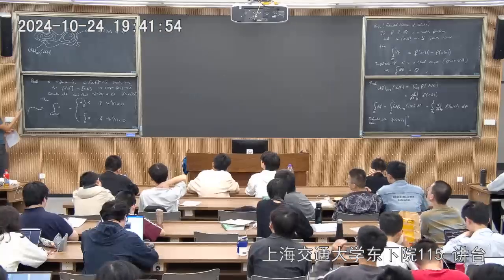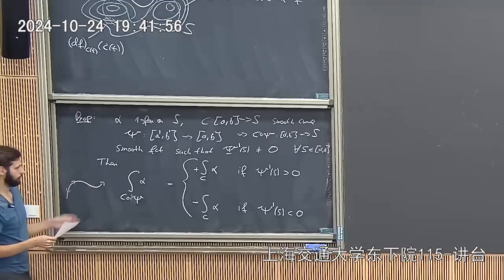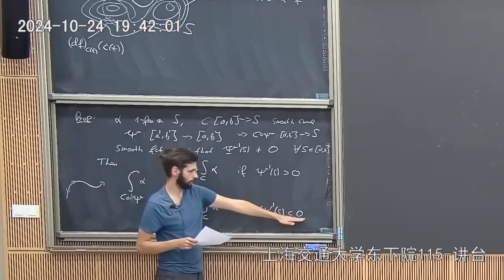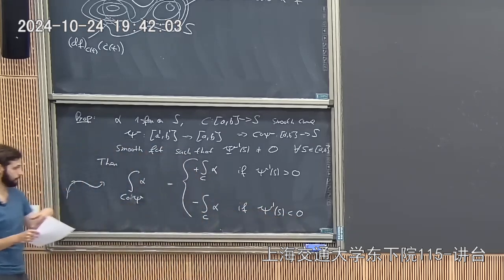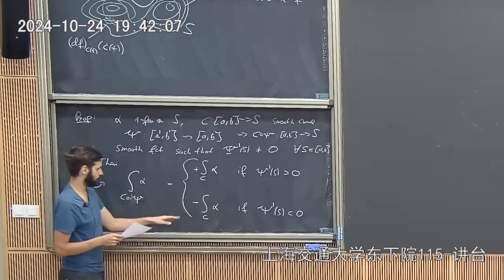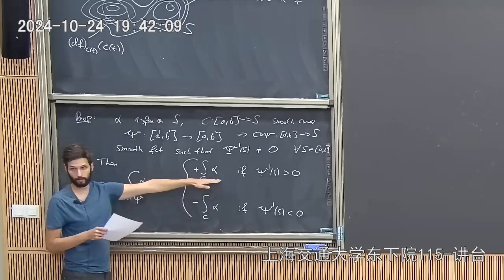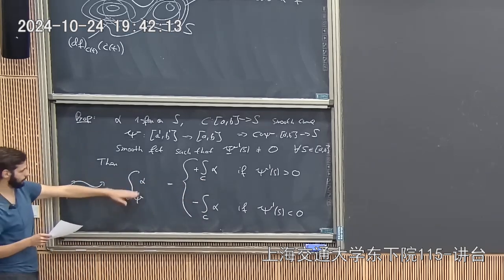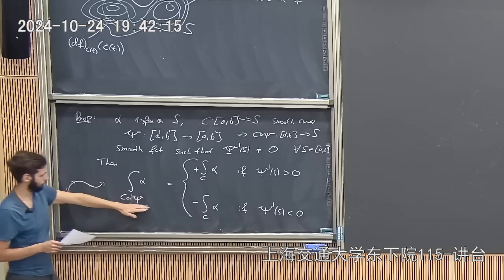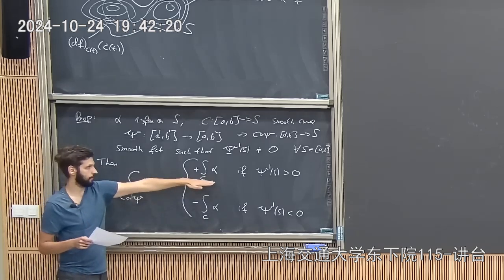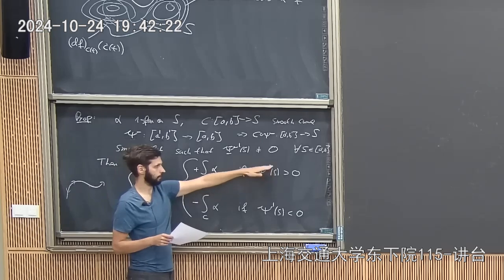So if you change the orientation of the curve, which is essentially saying that the derivative is smaller than zero, then you get minus the same result, and otherwise it's invariant under this reparametrization. So whatever parametrization you choose of the curve, it's essentially the same if the parametrization is positive.